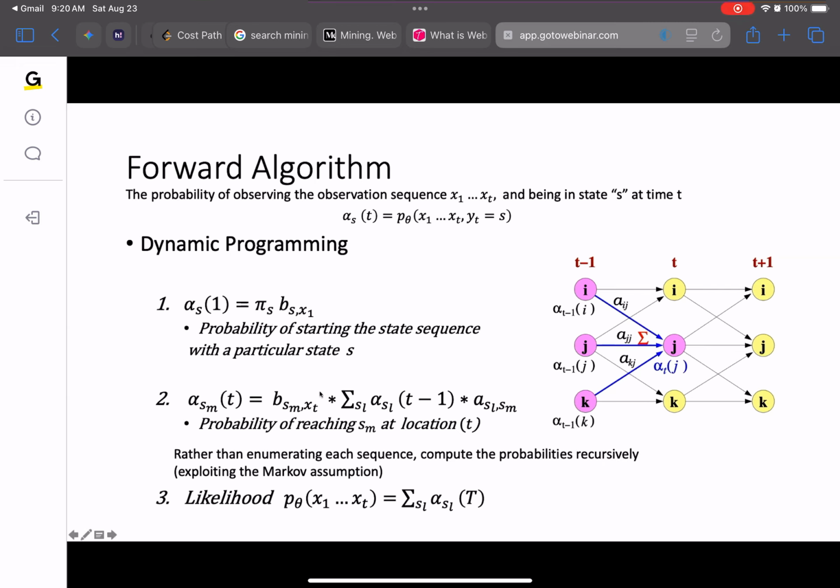Similarly, for alpha s of t, from the initial state to the successive states, we can make use of a recursive approach using the previous alphas and compute it efficiently rather than enumerating each sequence. Compute the probabilities recursively using the Markovian assumption.